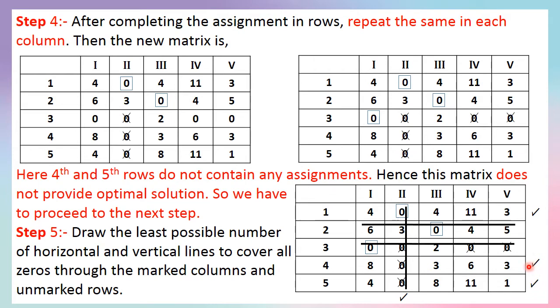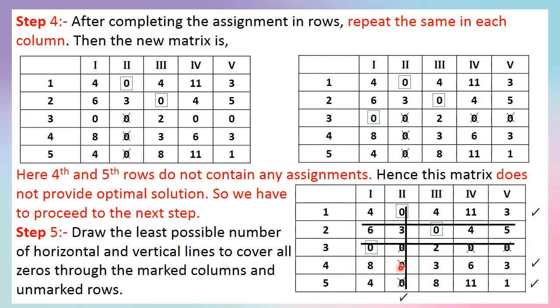After putting this, we have to go to the zero in any column of this marked row. Here 0 is there in the second column, and we have to put marking here also where the 0 exists in that particular row.